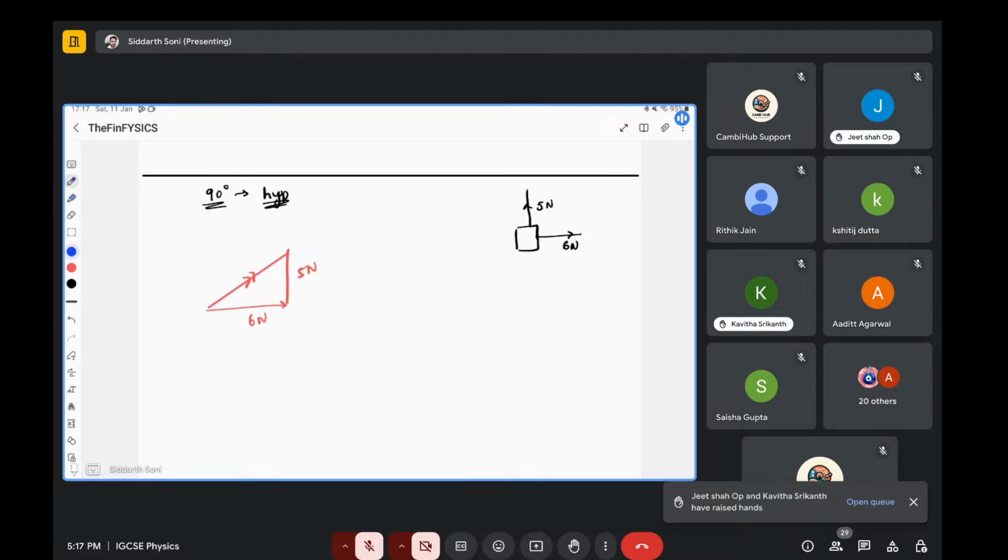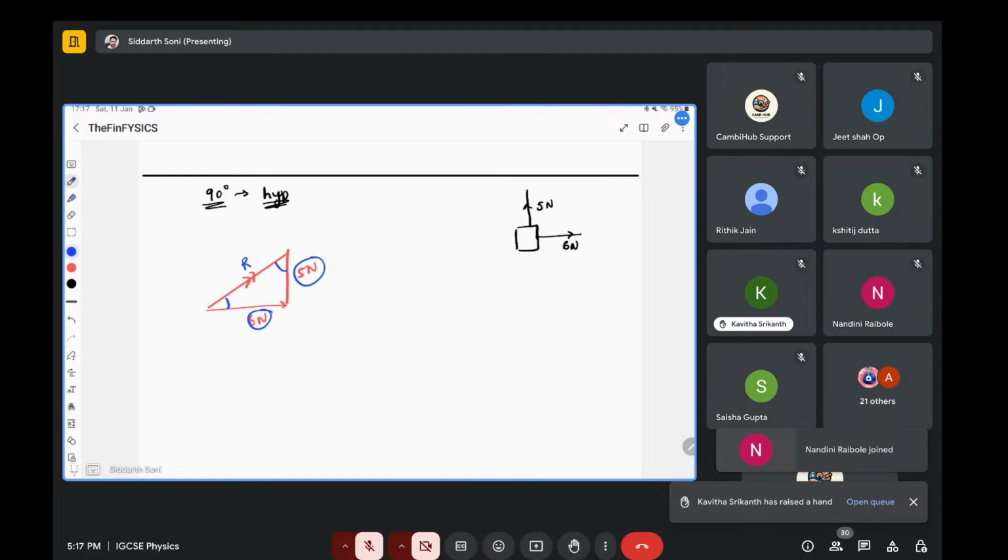But irrespective of what you do, these angles that are made do not change. So your direction will always be the angles your resultant is making with the two vectors. This is my vector 1, this is my vector 2, and this is my resultant, and these are my two angles, theta 1 and theta 2.